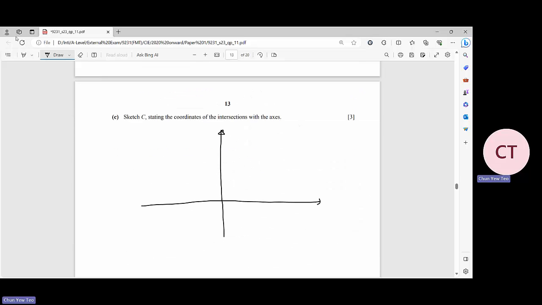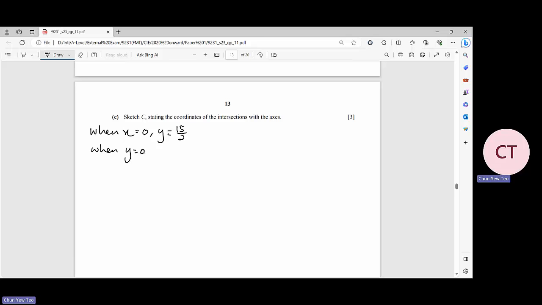Okay, but before we draw the graph, we need to find the intercepts. So it's better we spend some space over here to say that when x is equal to 0, what is your y? So when x is equal to 0, your y will be 15 over 2. And then when y is equal to 0, that means x squared plus 2x minus 15 equals 0.